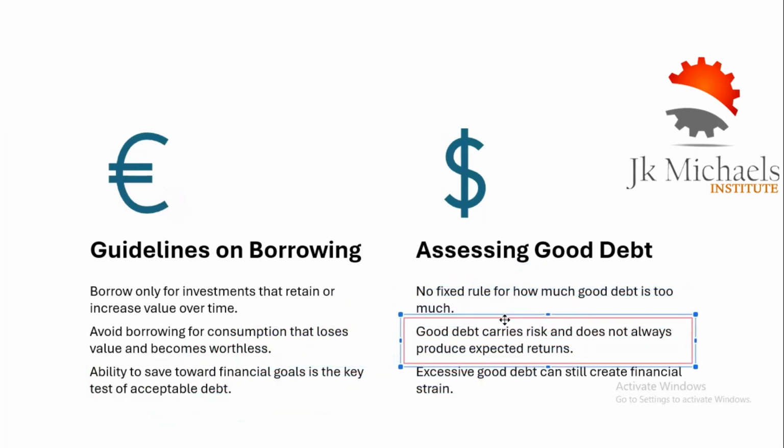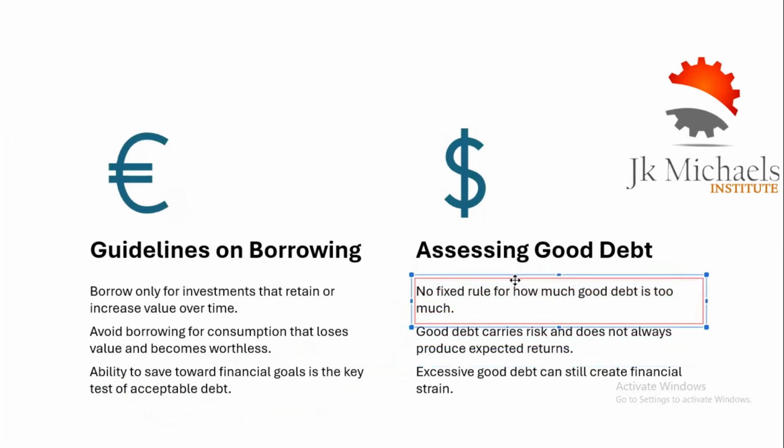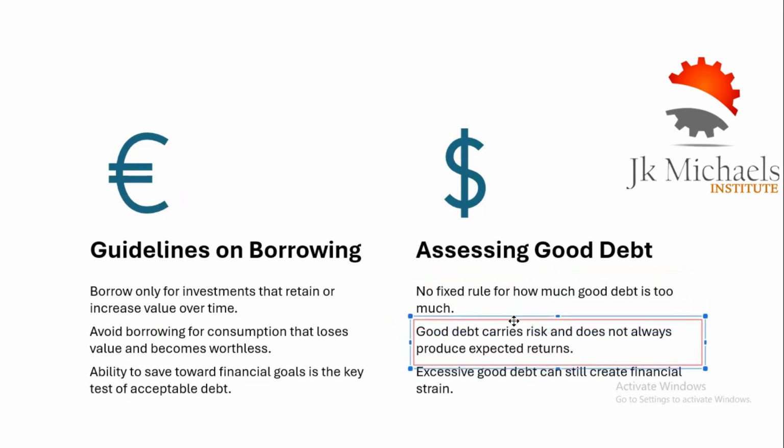There's no fixed rule for how much debt is too much. Good debt will generally carry risk and does not always produce the expected return, right? There's no fixed rule concerning how much good debt is too much. Also know that even when you have good debt, it carries risk. There's no guarantee that good debt will generate return.